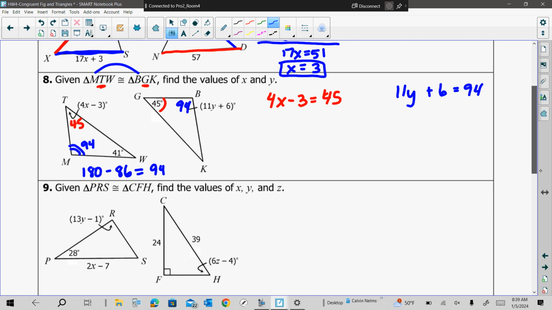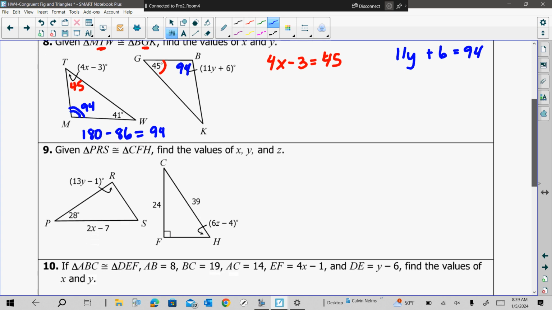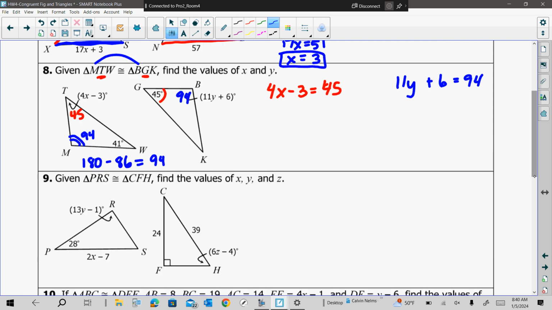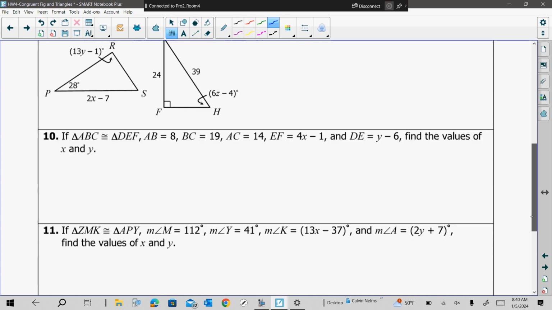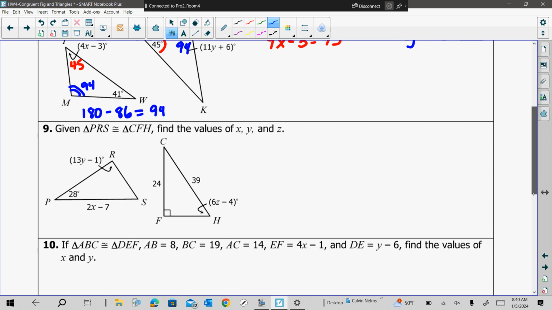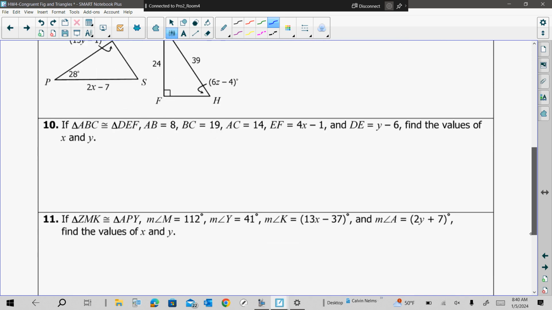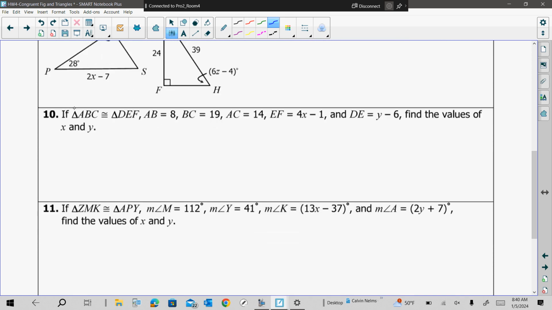And now we're just going from 2 variables to 3 variables, okay? Using the angles or the sides. I want to talk about number 10 and 11. The remaining 10 through 12 are missing pictures, but you can draw a picture to help problem solve, or just focus on your congruency statement.